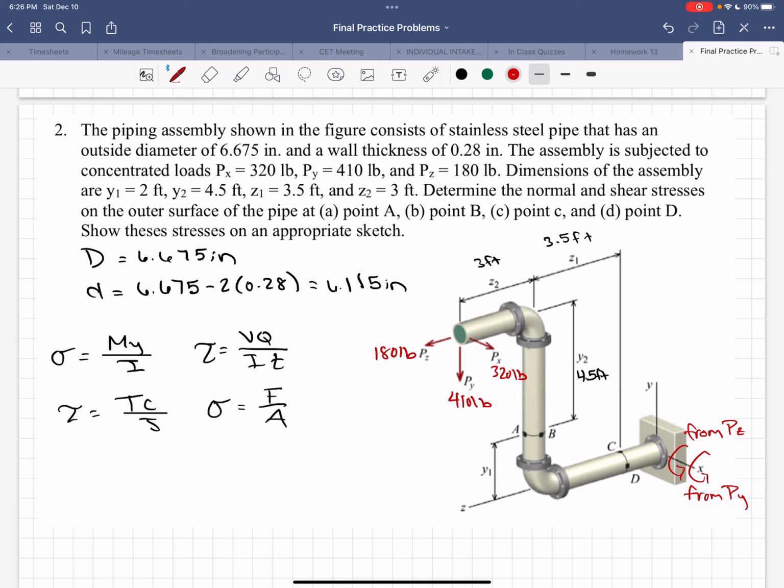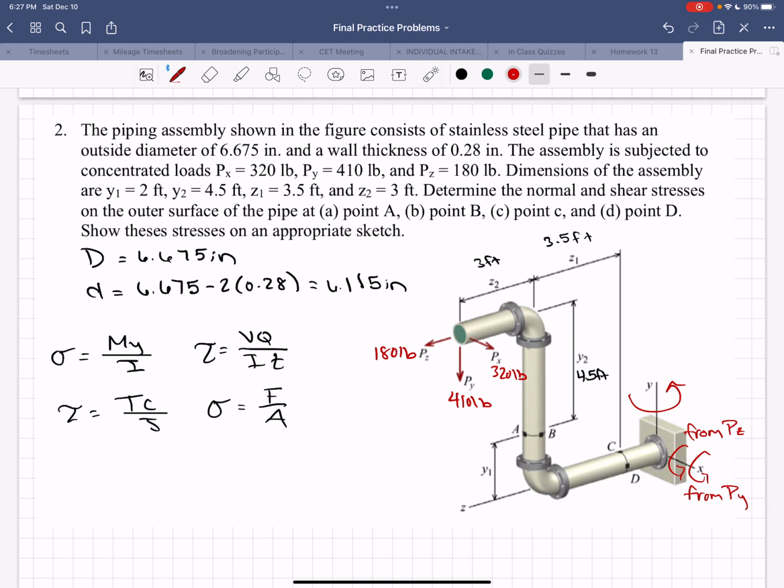That's from PY. And then PX is going to twist this thing around the y-axis, right? So now we're going to have a positive moment around the y-axis.